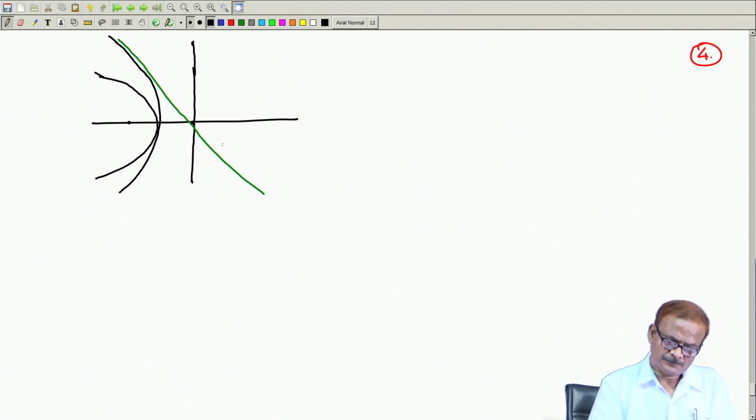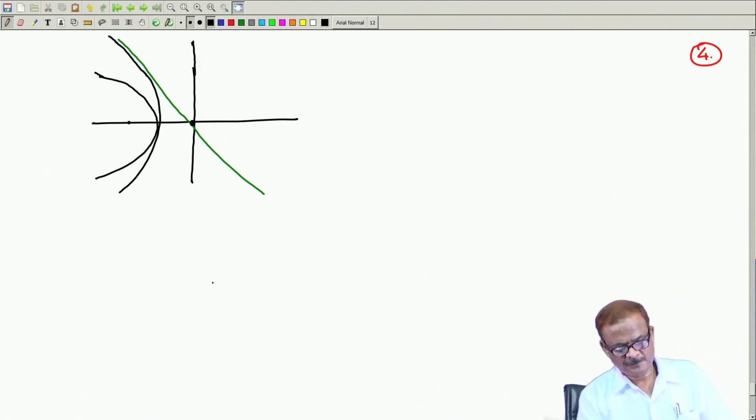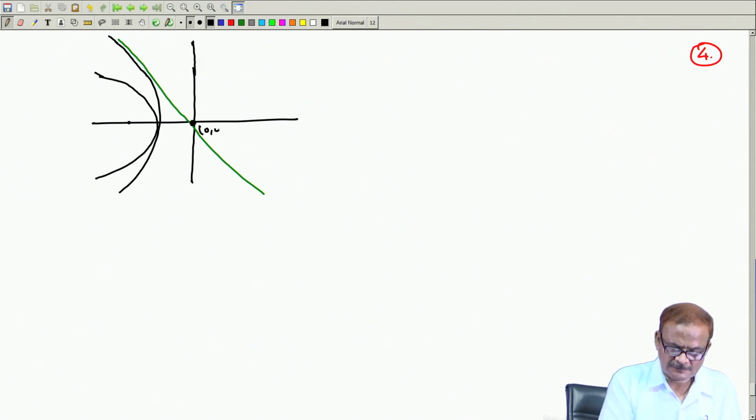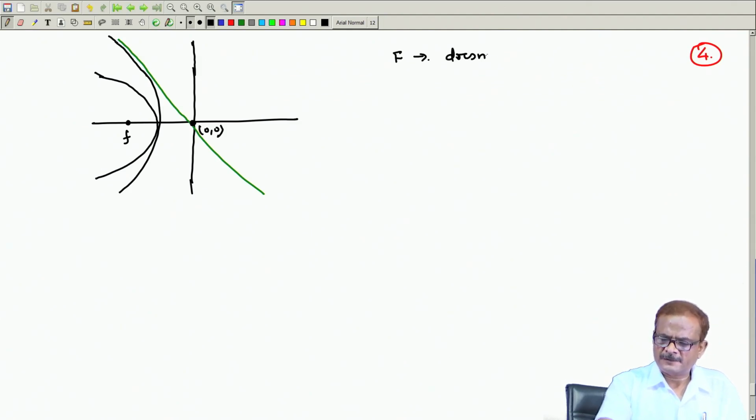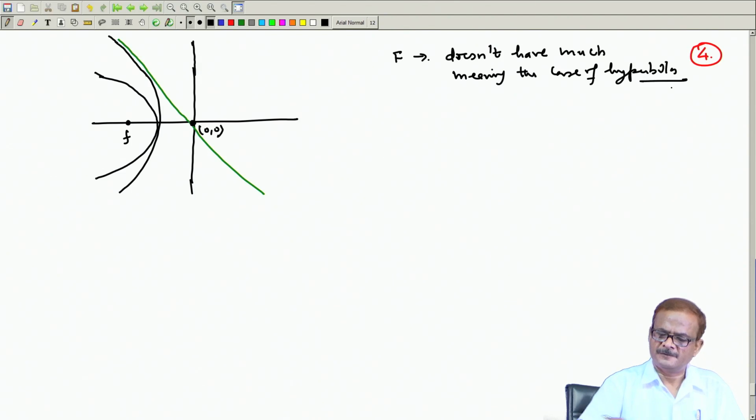Okay, so here this line is a little curved, but this is passing through this origin. Here this is the focus. The f here does not have much meaning in the case of hyperbola, just as the mean anomaly.